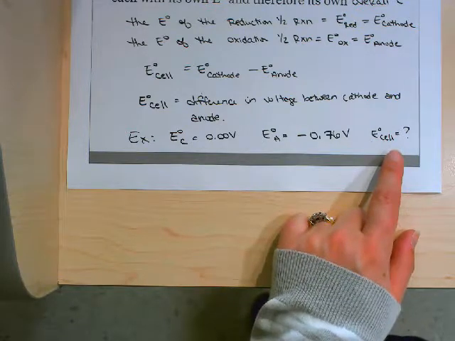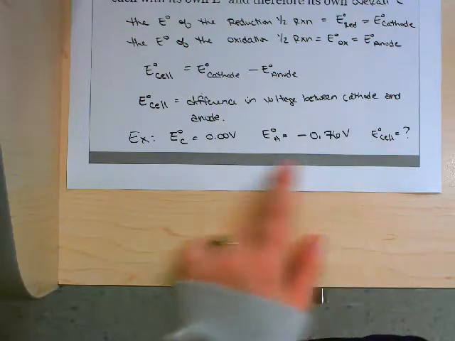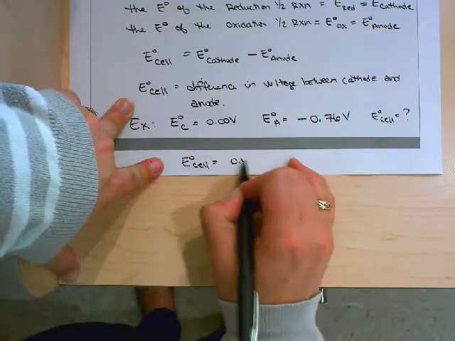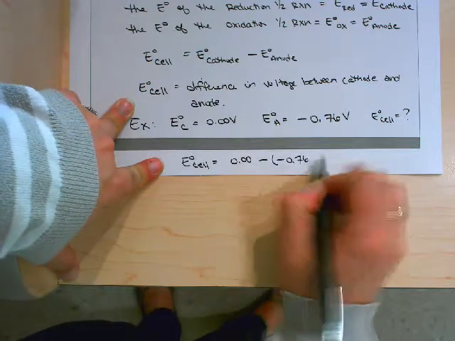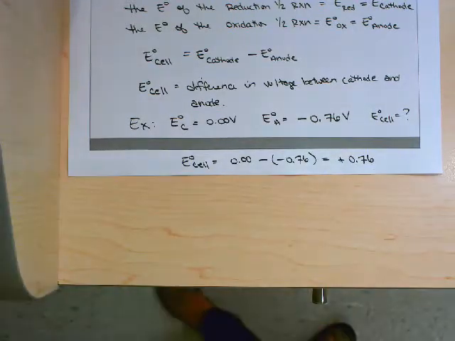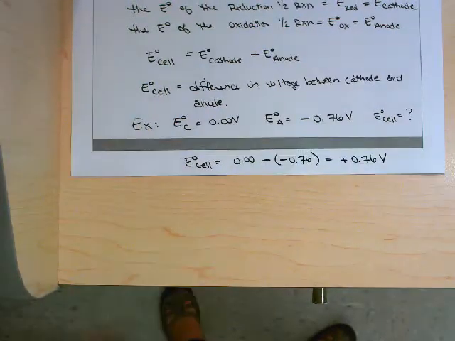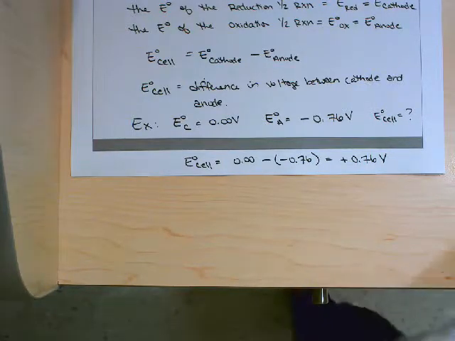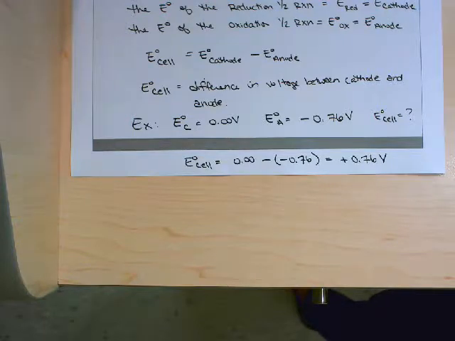How do I figure out what the overall E cell is? Yep, subtract. What would be the units of this? Volts, right? Big V, volts. Is this a spontaneous cell then? Yes. So we would expect this one to go on its own. Questions about that so far? Again, good warm-up.